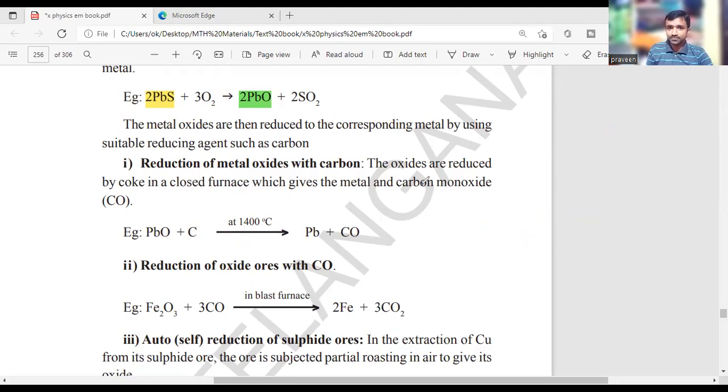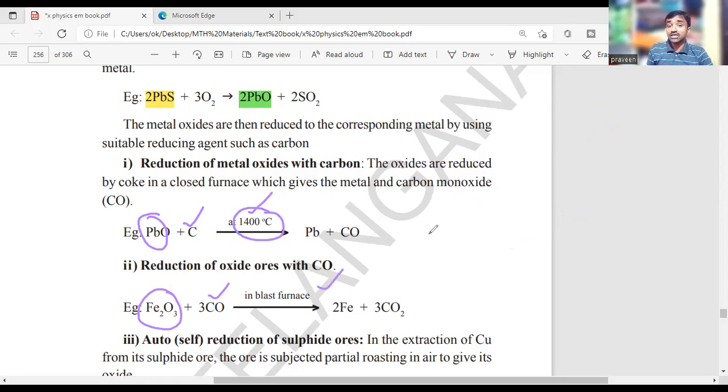Carbon monoxide or carbon is used based on the oxide nature. For example, for lead oxide you use carbon. For iron oxide, carbon monoxide is used. It is carried out in the blast furnace. High temperature is required, and in the open areas you are unable to reach it.